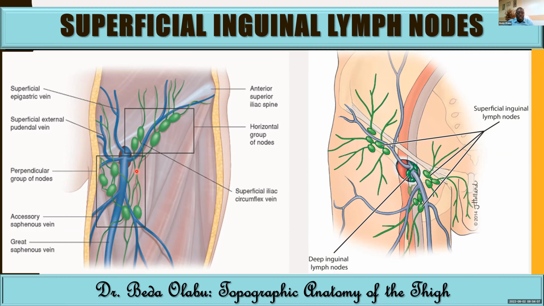And indeed, we can make this strong statement that this vertical group drain the superficial lymph that come from the foot, the leg, and the thigh.